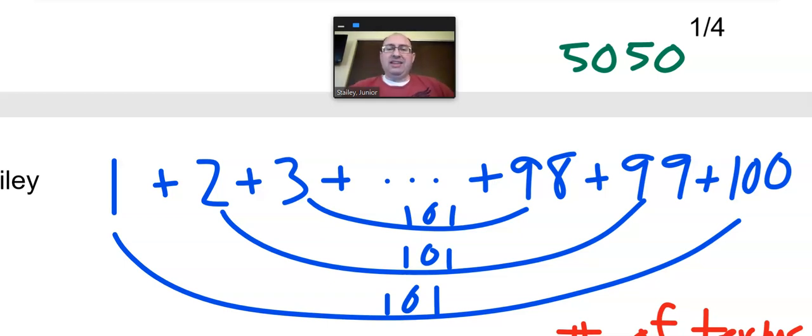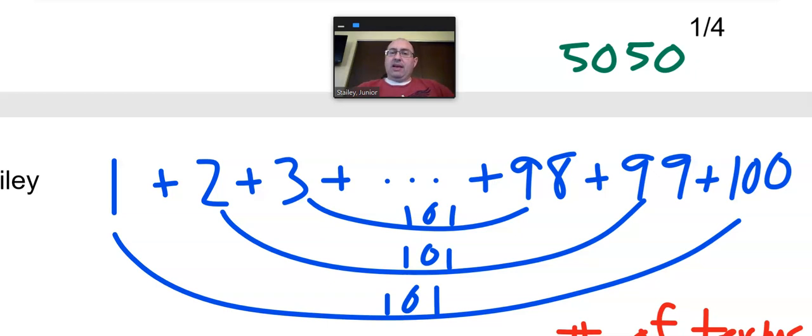Well, so how the heck did he do that? Let's see what little Carl saw. When you write out the numbers from 1 to 100, or even just a few of them, like the first ones and the last ones, and you start adding the pairs at the ends, like what's 1 plus 100? 101. What's 2 plus 99? 101. What's 3 plus 98? 101.